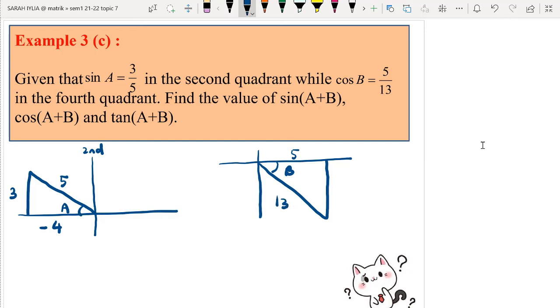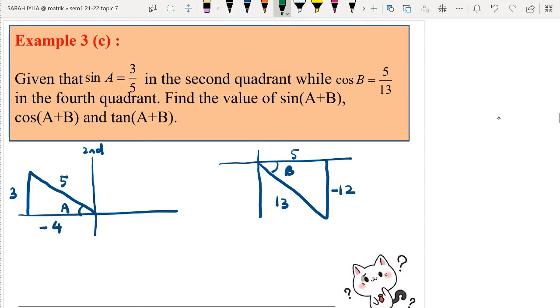So using Pythagoras theorem, once again awak kena cari height dia berapa. Kat sini tahulah kan, 13 squared minus 5 squared, square root of it awak akan dapat lah 12. Lagi sekali, dia duduk bawah paksi kan macam ni. Dia ke bawah paksi Y tu, nilai Y kita negatif, so kena tambah sendiri. Negative 12. Okay. So from here, kita boleh deduce dah apa yang soalan tu nak. Kita kena cari sin dengan cos untuk setiap lah.